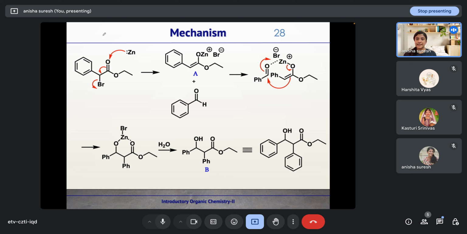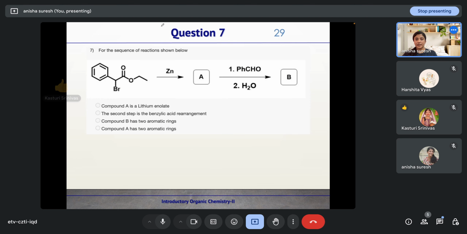So this is the mechanism for the Reformatsky reaction. So compound B has two aromatic rings is the right answer.